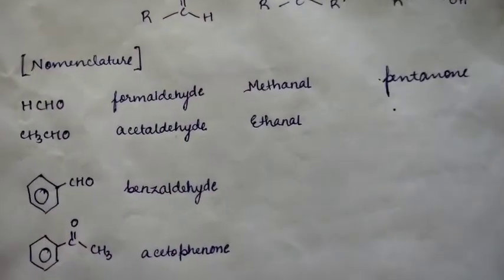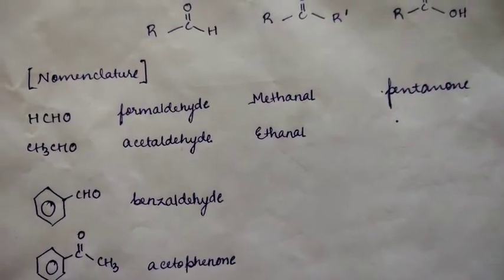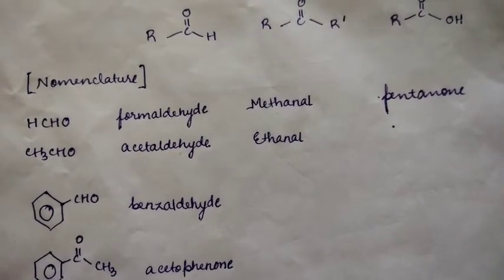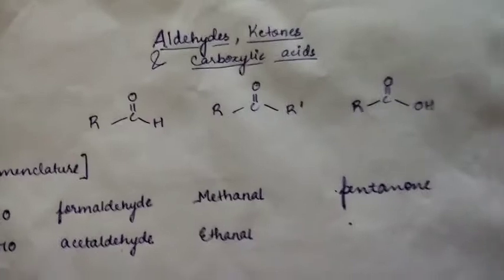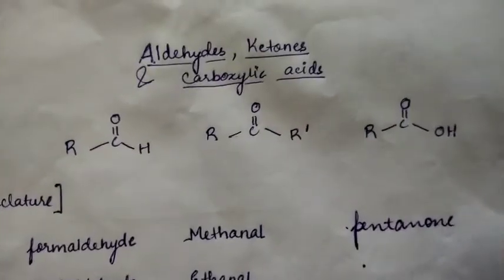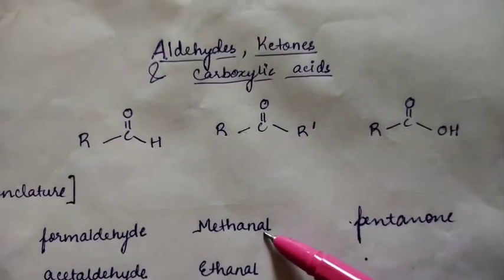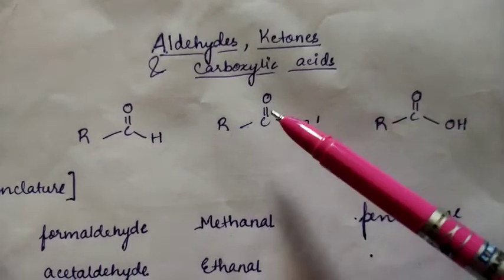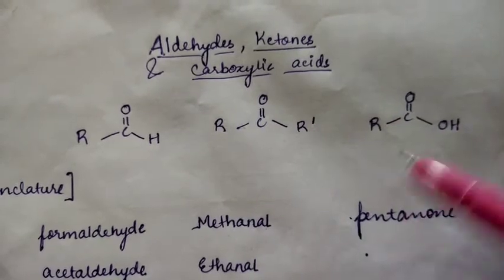It is like benzoic acid, pentanoic acid, hexanoic acid. So the ending is oic. So this thing you have to remember here, that for aldehydes the suffix is Al. Ketones, ONE. For carboxylic acid, it is oic.